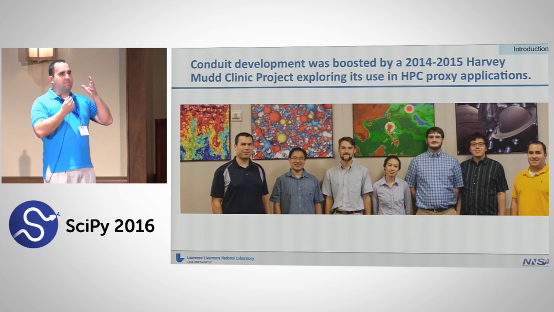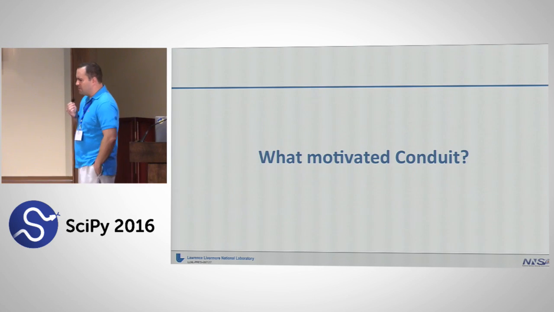What I mean is we have big physics codes at Livermore, and they're hard to wield, hard to change. So we created these bite-sized things called HPC proxies, or mini apps, that are 3 to 10,000 lines of code, not 800,000 lines of code, to experiment with new programming models. These students used Conduit in that aspect. That helped us get our act together and solidify a lot of our important use cases. So, still haven't told you what Conduit is.